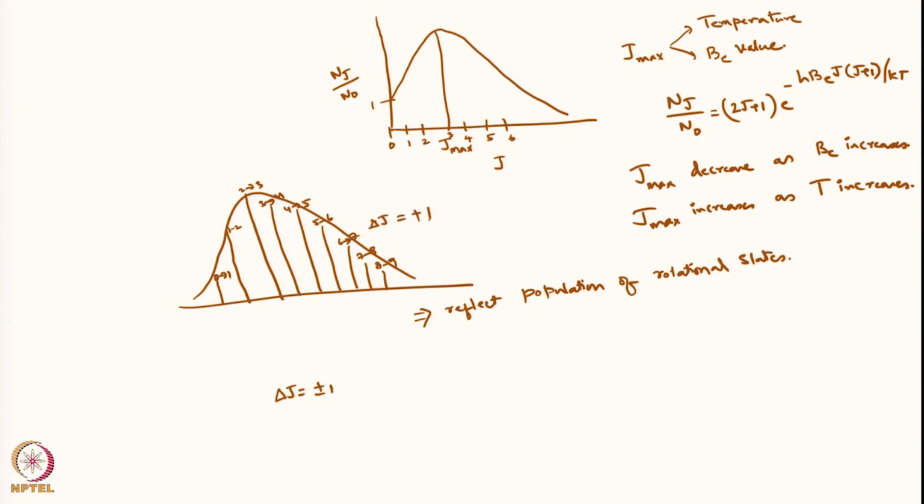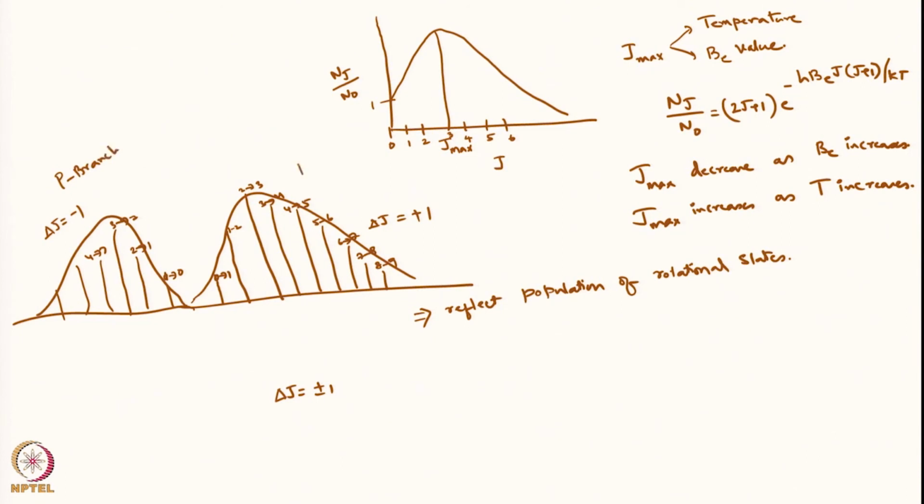So increasing, but there is another set of lines which will have a mirror image, will go like that, and will have delta J is equal to minus 1. So this will be from 1 to 0, 2 to 1, 3 to 2, 4 to 3, etc. So there will be a mirror image. This is called the P branch, this is called the R branch.